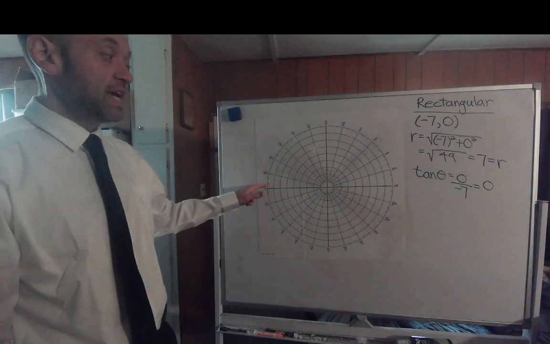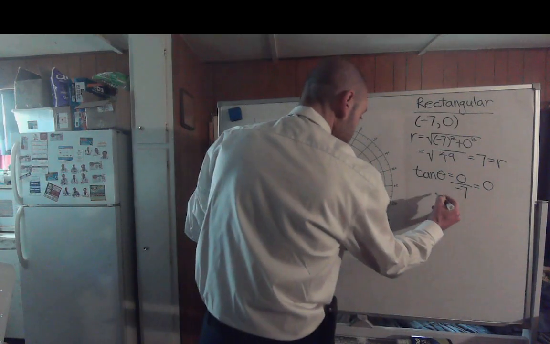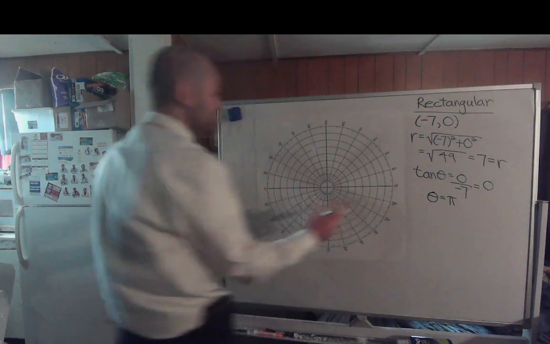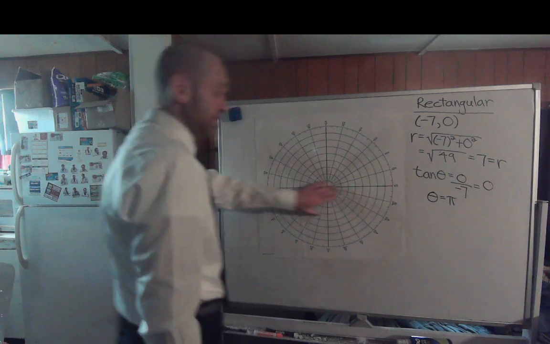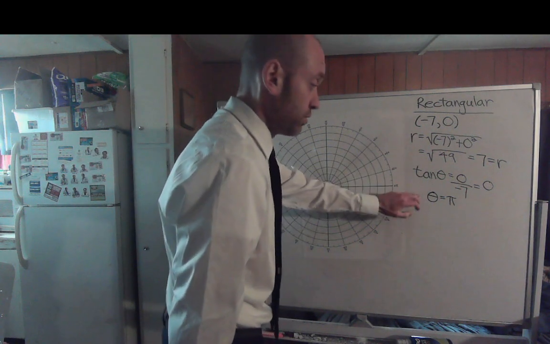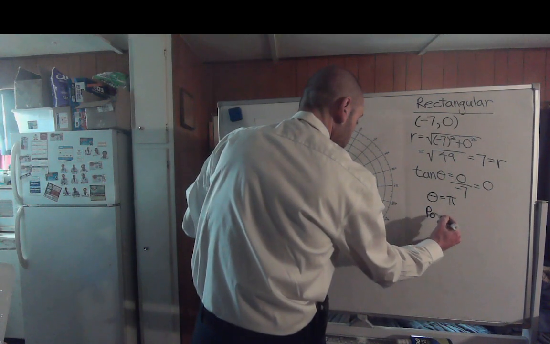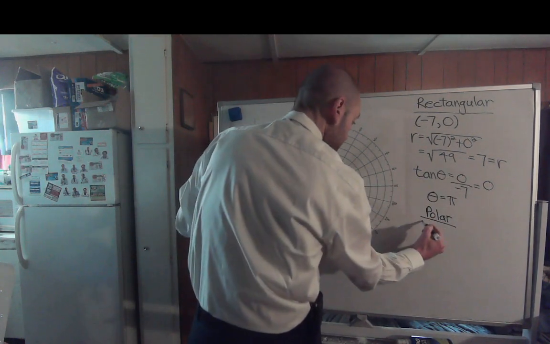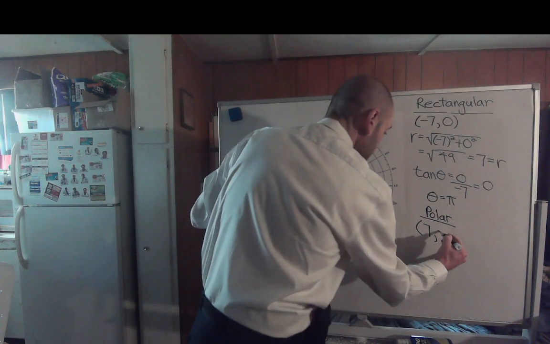Pi is left of the pole, so really in this case, theta is actually going to equal pi, because you want to be in the same position to the left of the pole, even in the polar system. So now we can find the polar equivalent. We have a radius of 7 we've already determined. That's not going to change, but your theta is going to be pi.